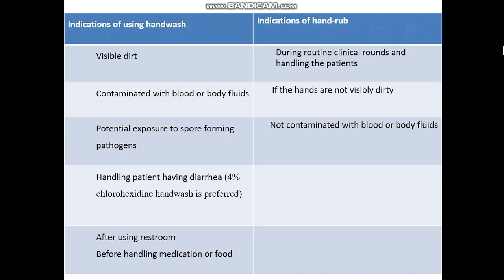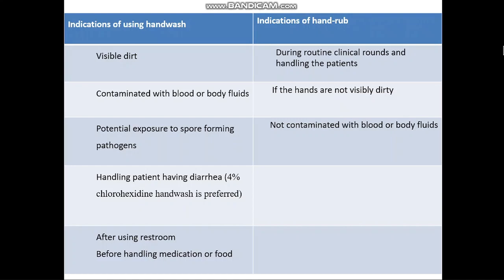So what are the indications of hand wash, and what are the indications of hand rub? As we know, in some cases healthcare workers wash their hands with soap and water, while in frequent cases they also use hand rubs. Whenever there is visible dirt or hands are visibly soiled, we should go for hand wash.